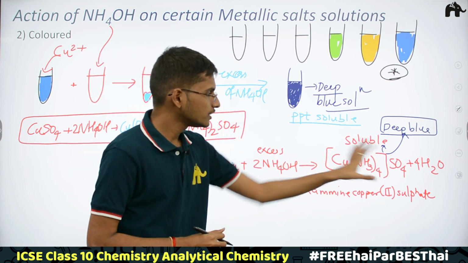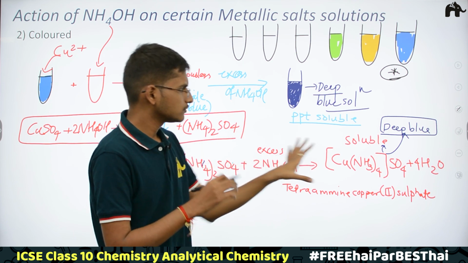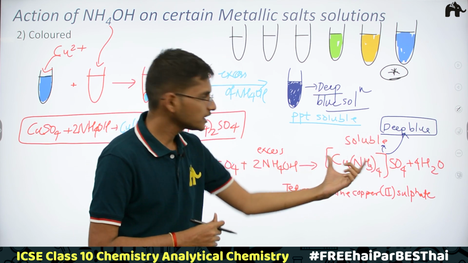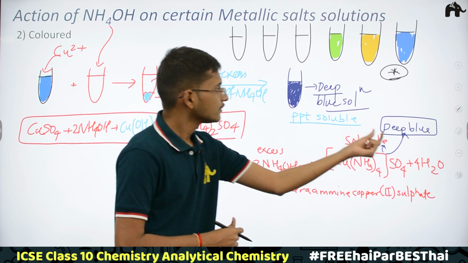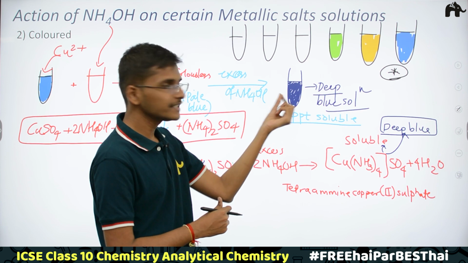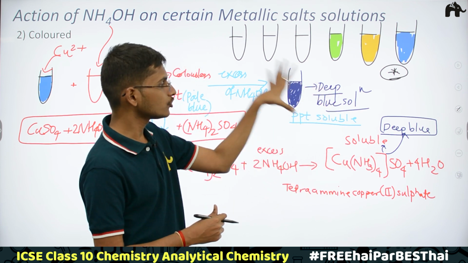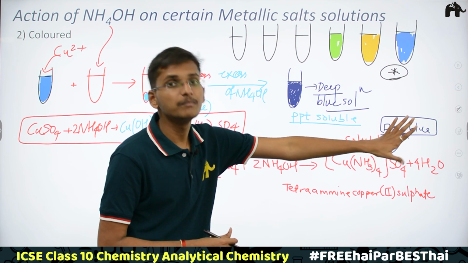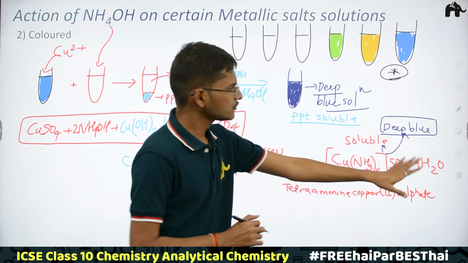Now, no need to go into the details of this coordination entity. No need to worry about it. Just remember that this salt is soluble, and because of this salt only we are getting a deep blue solution, because this is getting solubilized, and because of this we are getting deep blue color in this solution, since it is also having a deep blue color. Very simple.